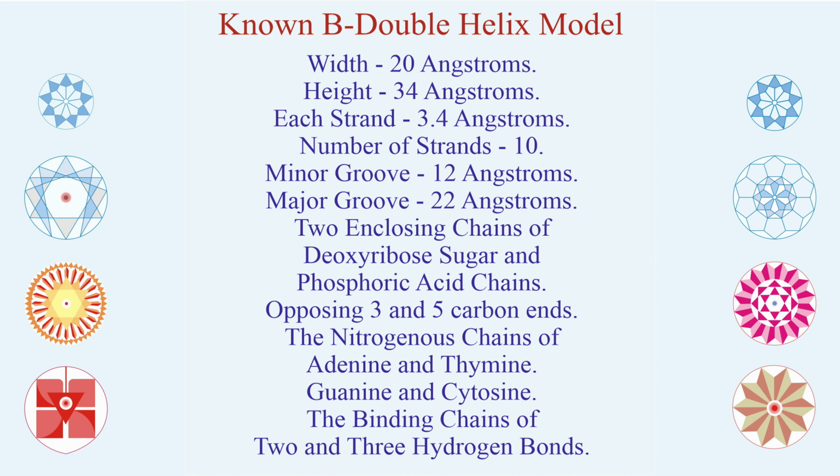There are two enclosing chains of deoxyribose sugar and phosphoric acid, opposing 3' and 5' on top and bottom, which is according to Divyank. The nitrogen chain: adenine and thymine is one combination, guanine and cytosine is another combination. The binding chain of 2 and 3 hydrogen bonds is another thing which is also according to Divyank. Now this is a picture which the world knows, something which Watson and Crick are given credit for.